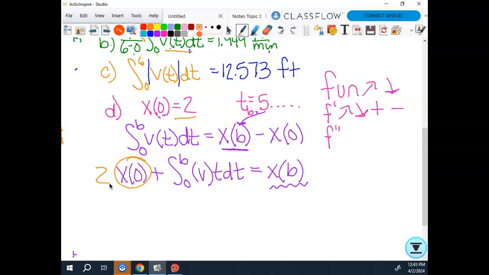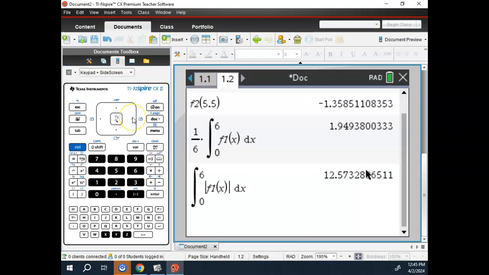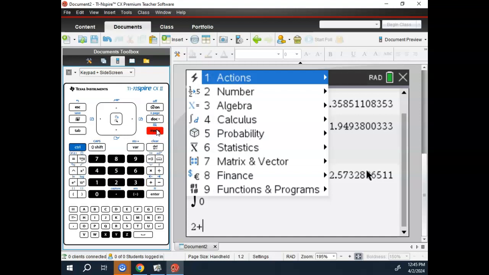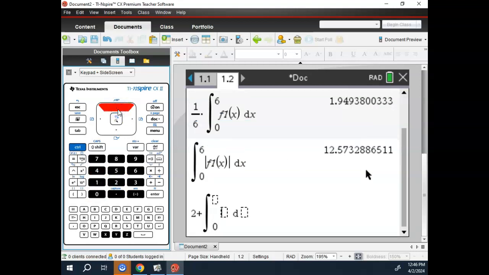So in my calculator, I can put this in there, and it will spit out my answer for me. I'm going to go back to my calculate screen, and I'm going to say 2 plus, and then you get your integral however you want. I'm going to do it that way. I'm going from 0 to whatever I stored that other thing at. If you forgot where you stored it, you can just go punch in a B. We called it B. At least I did. I don't know what you called it.